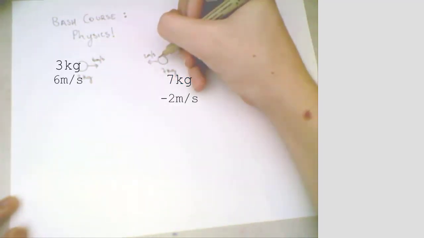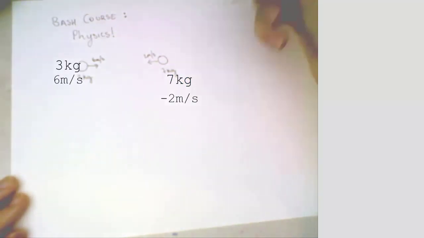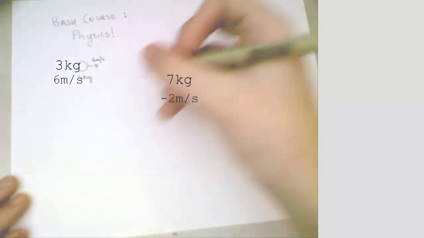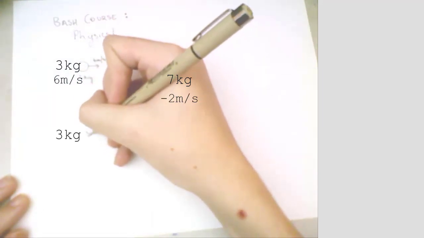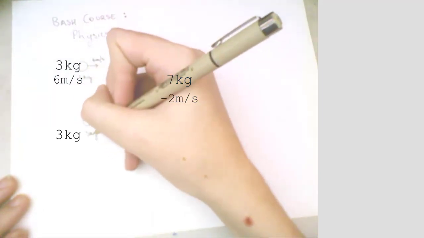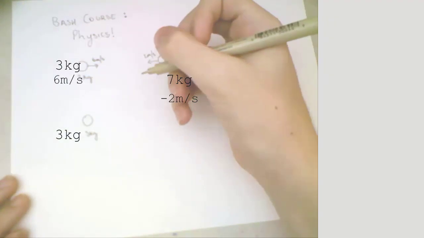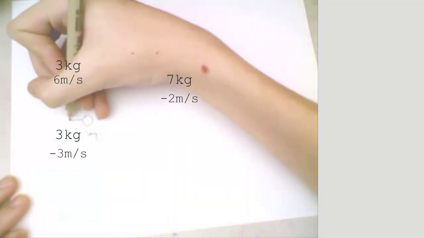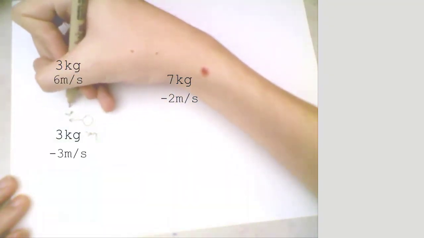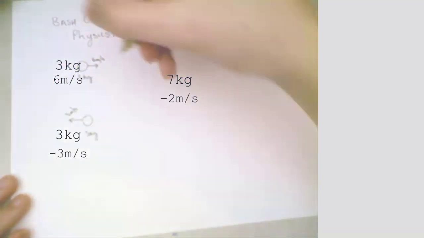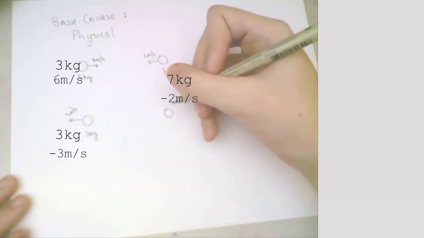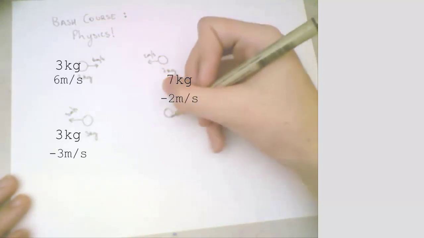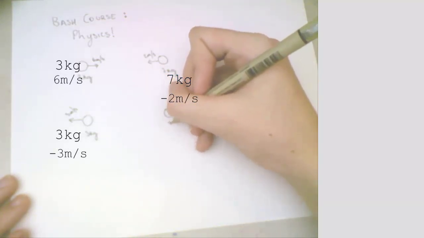Those are our givens. After the collision, the 3 kilogram ball is moving at 3 meters per second in the opposite direction it started in. And we're trying to figure out what is the velocity, so magnitude and direction, of the 7 kilogram ball after the collision.